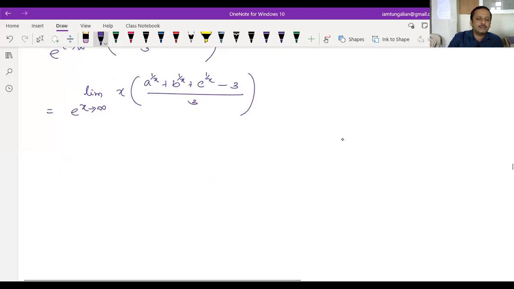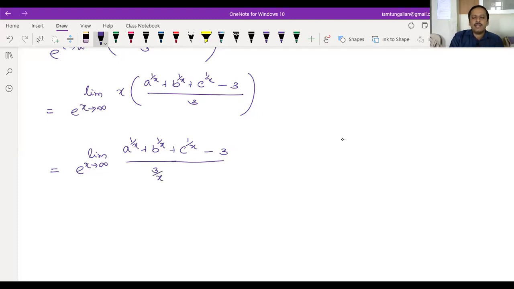That's equal to e to the power limit x tends to infinity, a power 1 by x plus b power 1 by x plus c power 1 by x minus 3 divided by, I am taking this x to the denominator, it will become 3 by x.